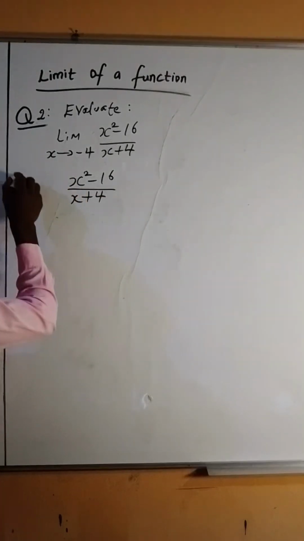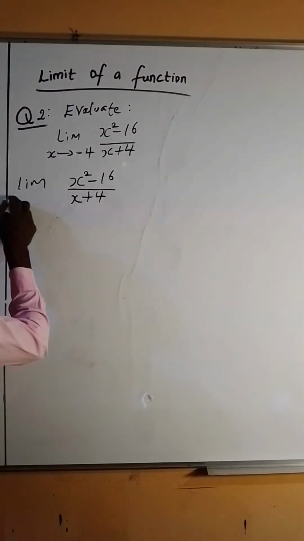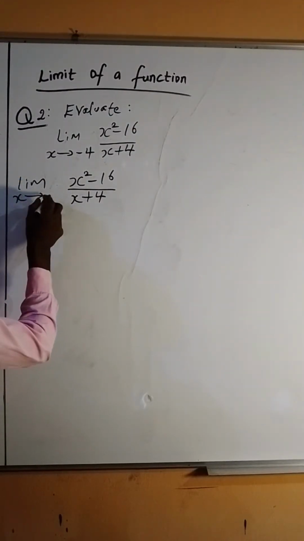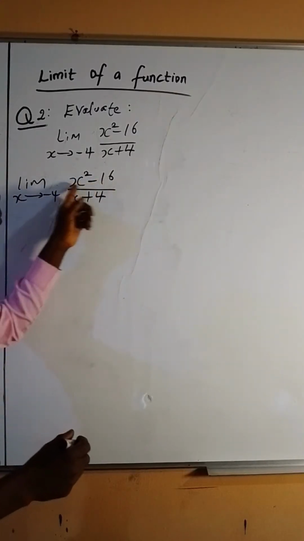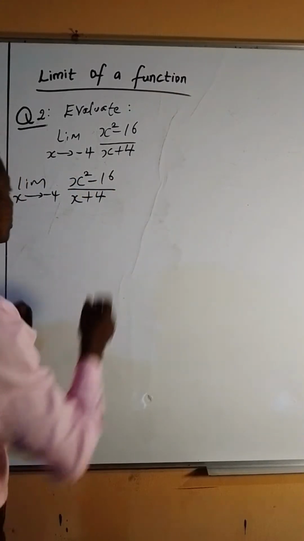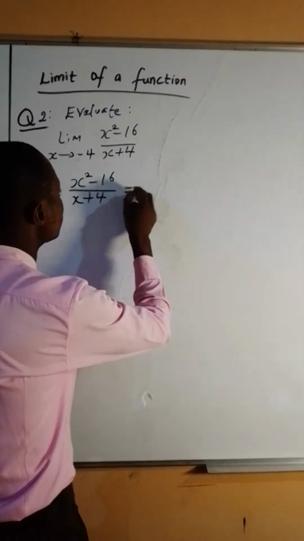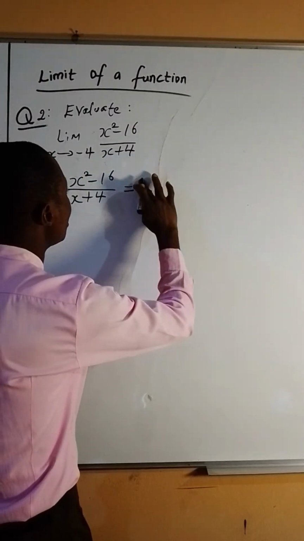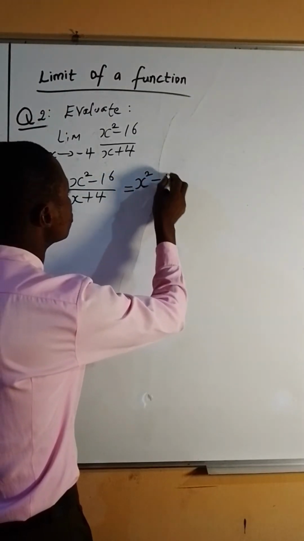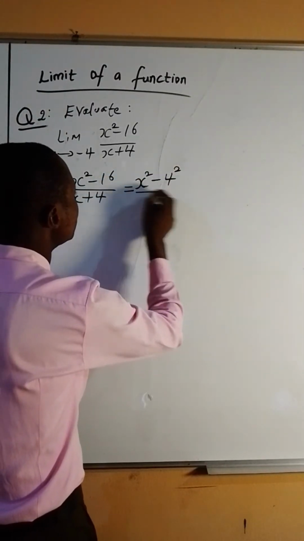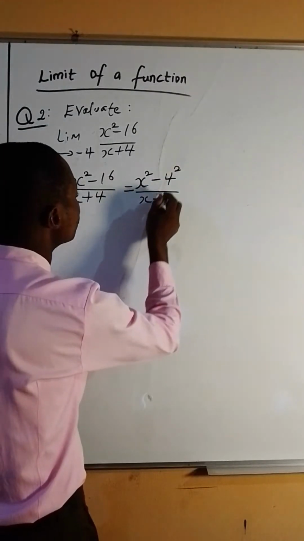Now we are going to change the numerator to a difference of two squares: x squared minus 4 squared, divided by x plus 4.